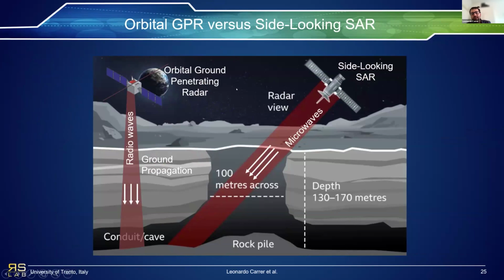These two can complement each other very well, because the side-looking SAR can map the cave characteristics and accessibility information in the proximity of pits, while the orbital ground penetrating radar can potentially map the conduit caves far from the pits because it is able to propagate through the ground. The side-looking SAR waves are at a frequency such that they cannot propagate through ground.